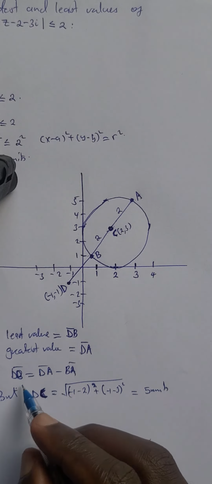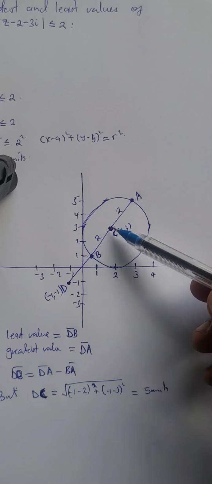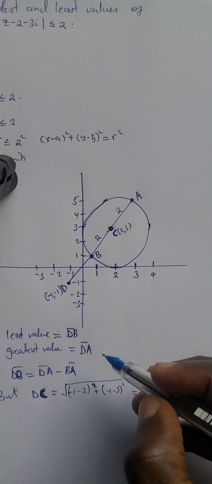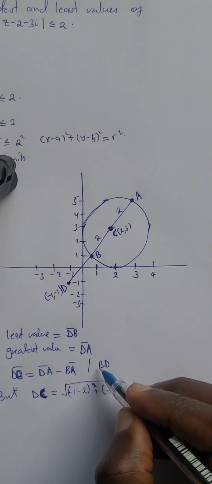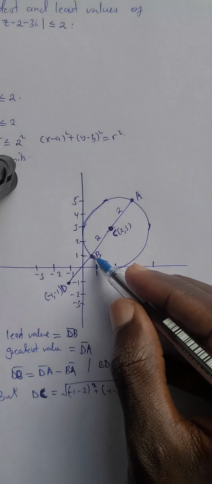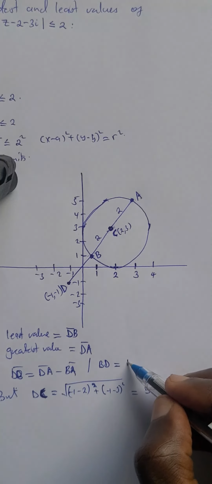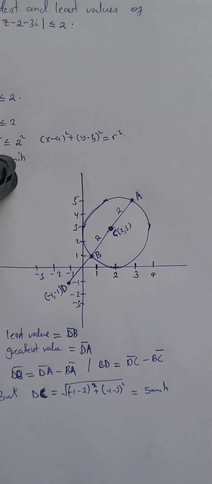So now I know what DC is. So if I know what DC is, I can know what dA is. Or in other terms, I can also get this by saying my dB, or BD, can be the same as DC minus BC. That is the way you can get it.